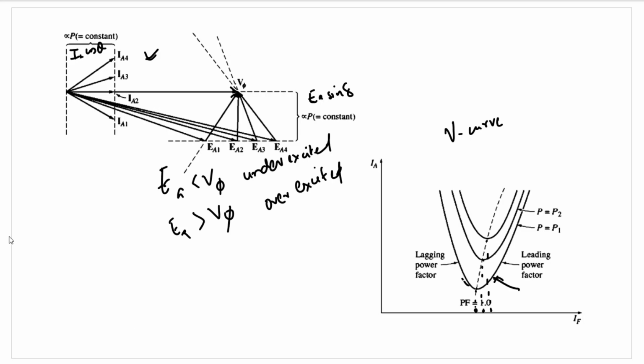So synchronous motors are used for reactive power compensation because of this very nature: they can supply as well as consume reactive power, just by varying the amount of field current supplied to the synchronous motor.